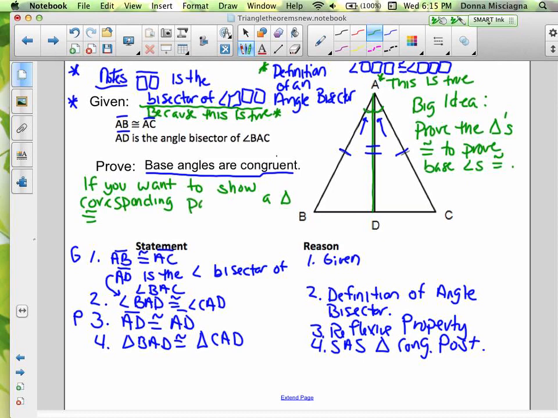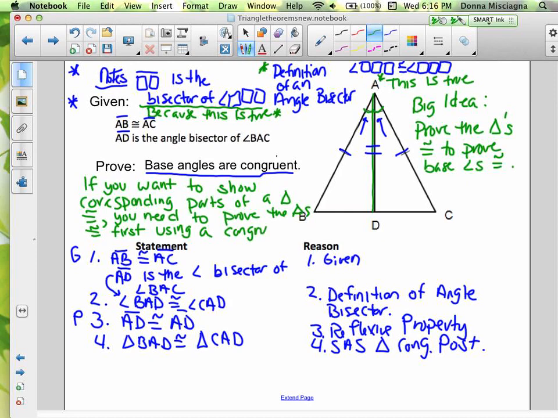So if you want to show corresponding parts of a triangle are congruent, you need to prove the triangles congruent first using a congruence shortcut.